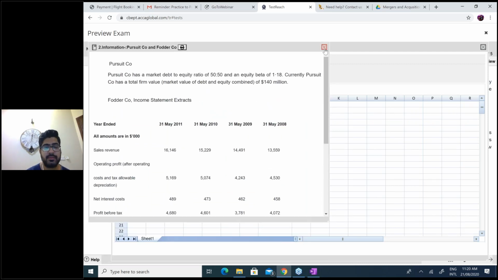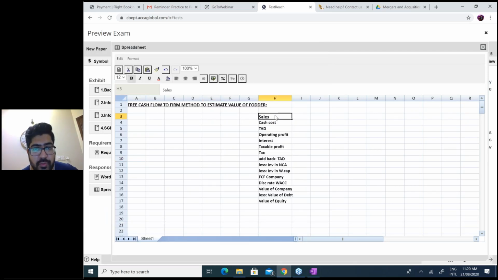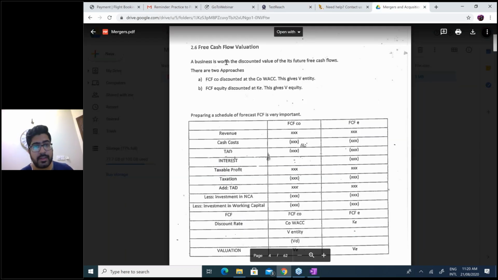In FCF method, we first need to record sales. Now remember, as per the FCF method, see the first line. The value of business is worth the discounted value of future free cash flows.